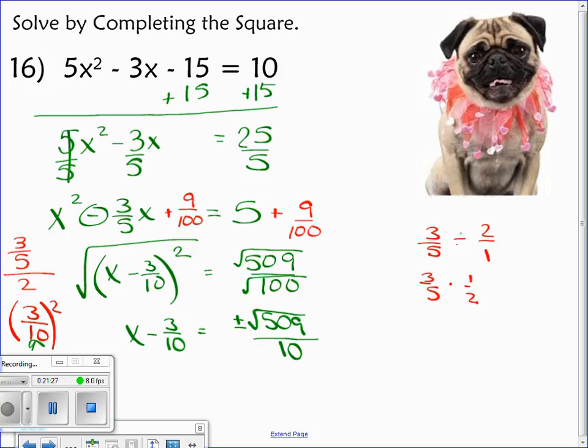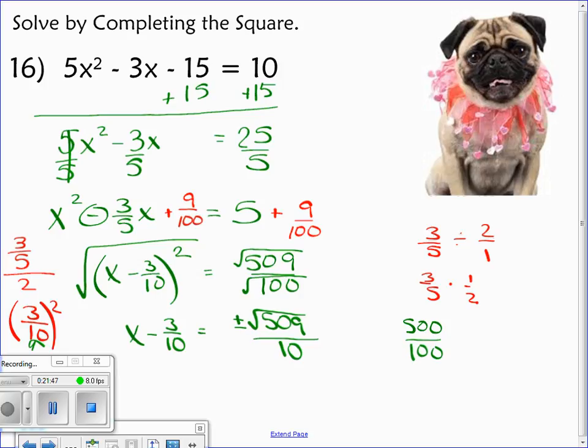5 plus 9 over 100. Because if you're adding, you have to have common denominators. So you have to turn this 5 into a common denominator with 100. So you'd multiply the top by 100 and you'd get 500. You don't cross multiply.